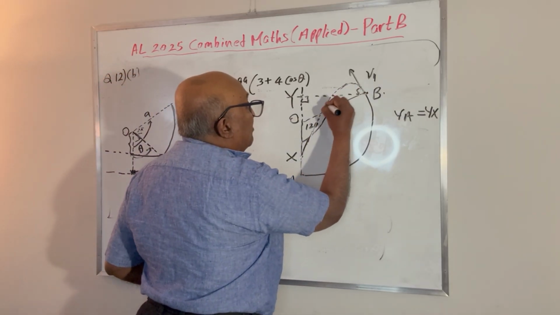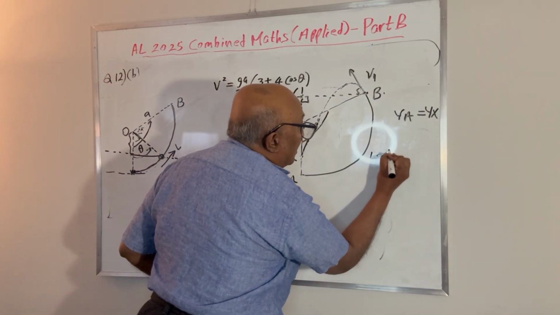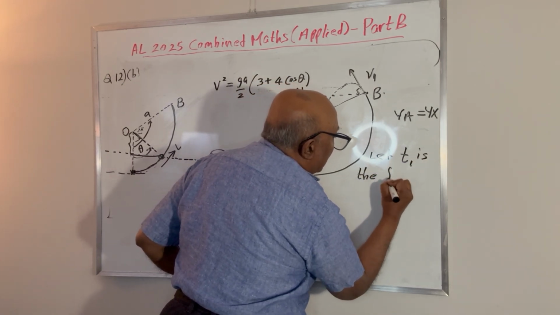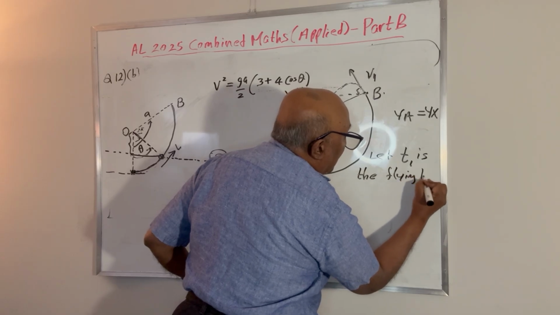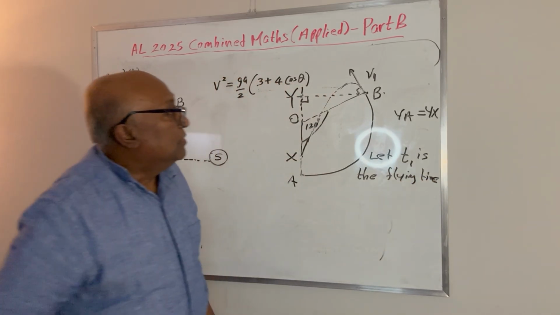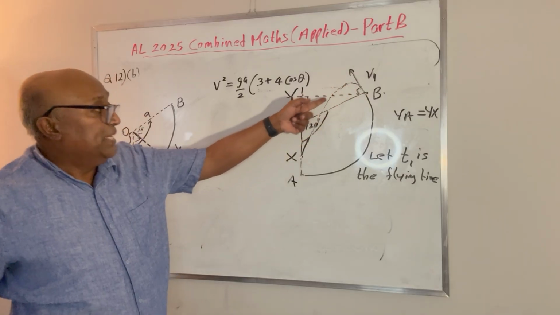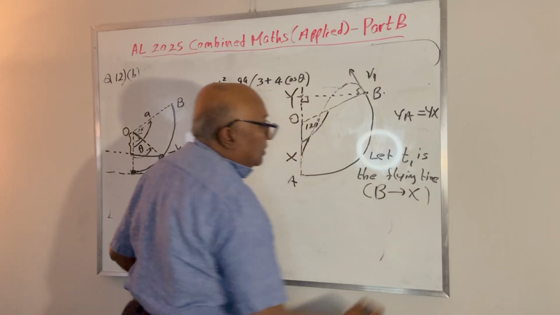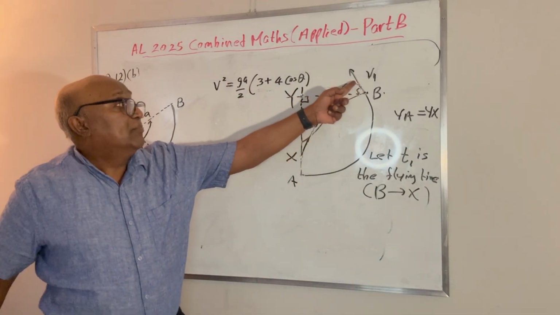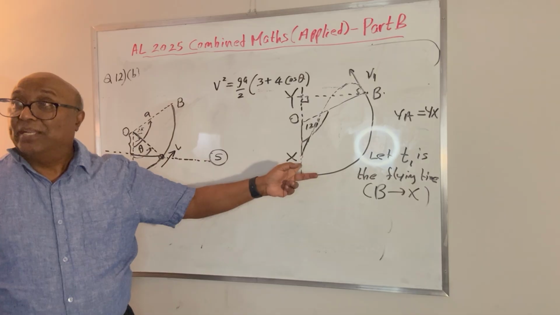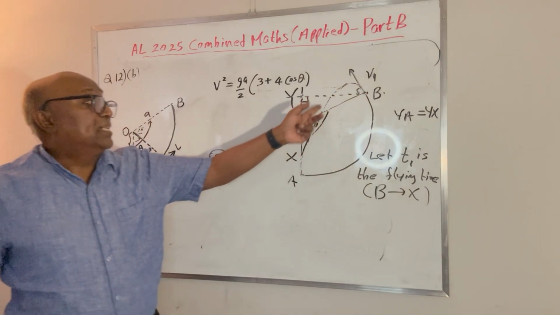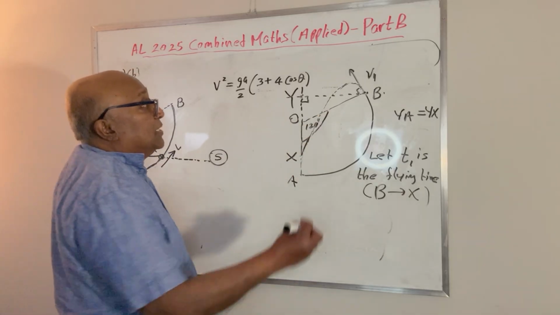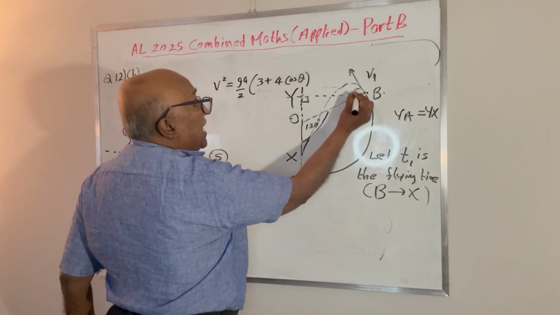Now let's define some terms. Let T1 be the flying time to travel from B to X. In order to find the travel time, first we have to figure out this V1 and this angle.